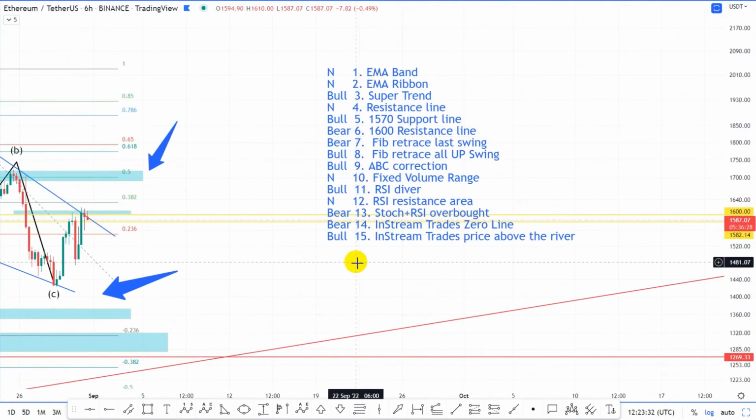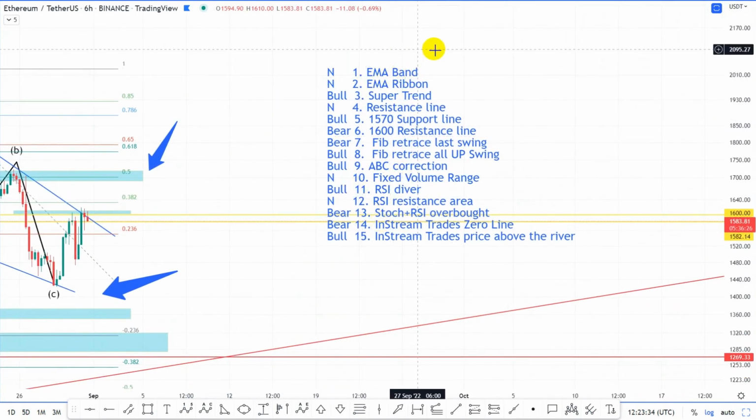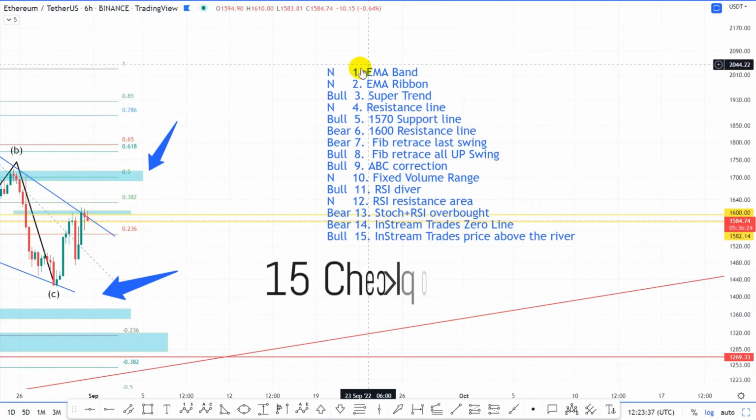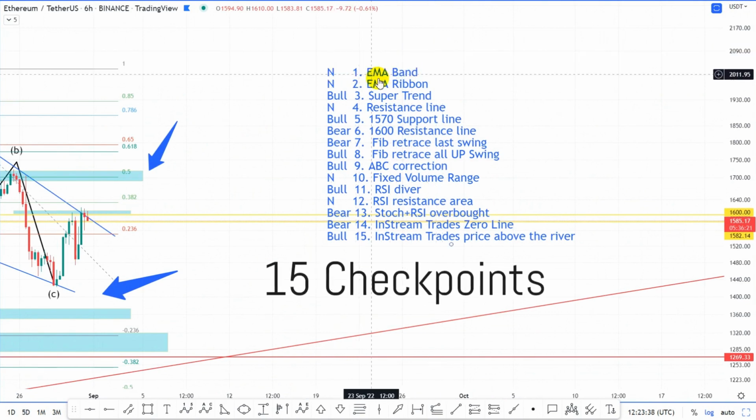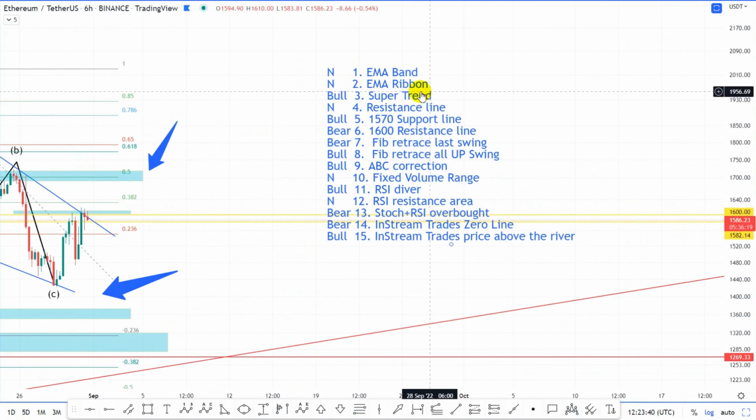We have 15 different points of different indicators, trend lines, and others. Let's review it again. EMA band, neutral. EMA ribbon, neutral. Super trend, bullish. Resistance line, neutral. 1570 support line, bullish. 1600 resistance line, bearish. Fib retracement, last swing, bearish.